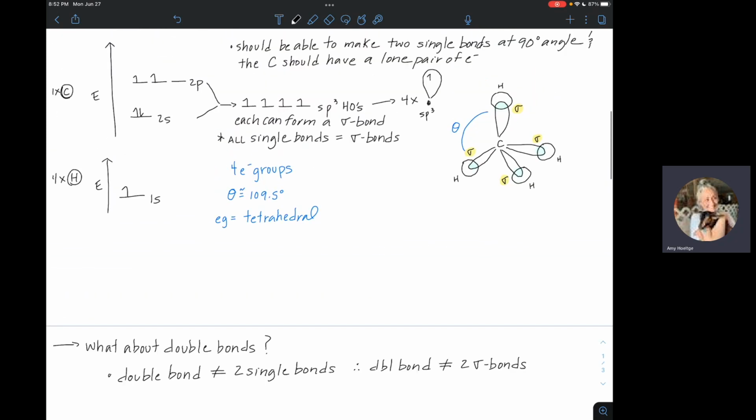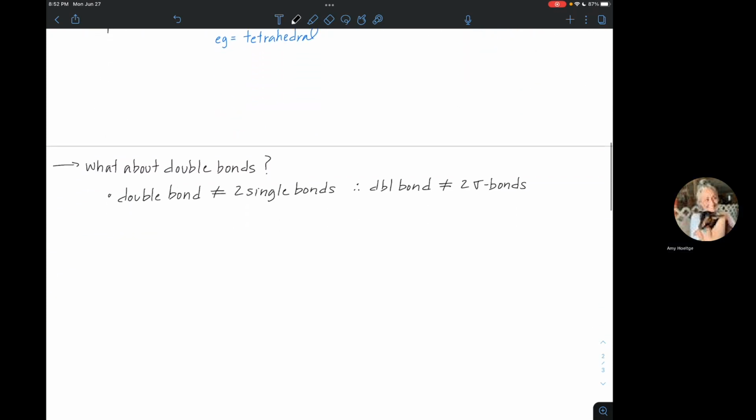When you have one, they're not made up entirely of hybrid orbitals. All of these hybrid orbitals can make sigma bonds, or they can hang on to lone pairs of electrons. In order to make a double bond, it is one sigma bond plus one pi bond.